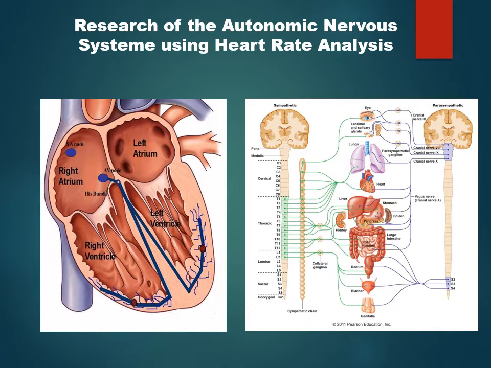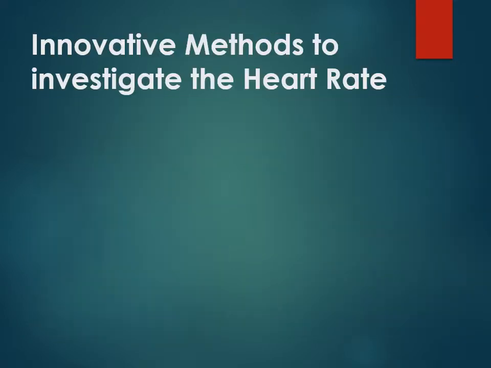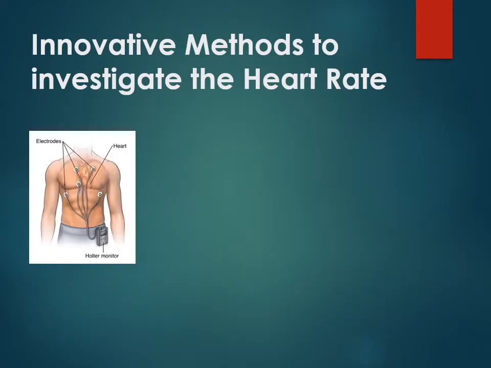For this research, we analyzed the heart rate and heart rate variability generated in the sinus node that represents the regulation of the autonomic nervous system. In my first video, I show how to analyze heart rate variability using a 24-hour Holter ECG.